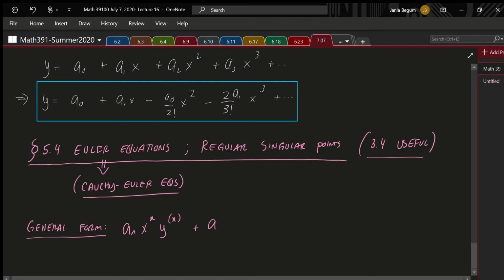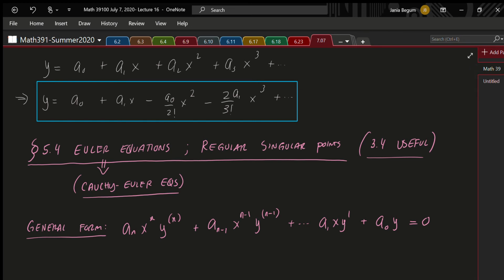Plus a sub n minus 1 x to the n minus 1 power and y to the n minus 1 derivative, plus all the way up to a1 x y to the first derivative plus a0 x to the 0, so that's just 1, times y with no derivative, is equal to 0. So the coefficients are not real numbers, they're functions of real numbers.